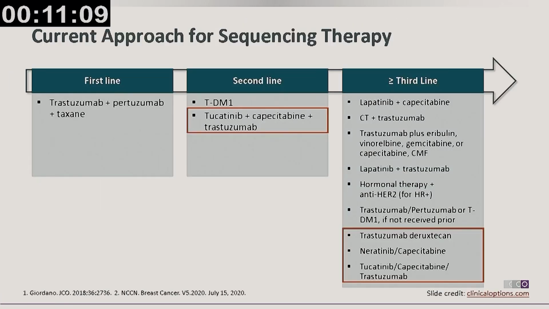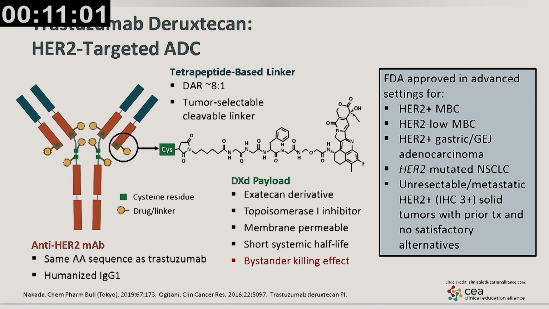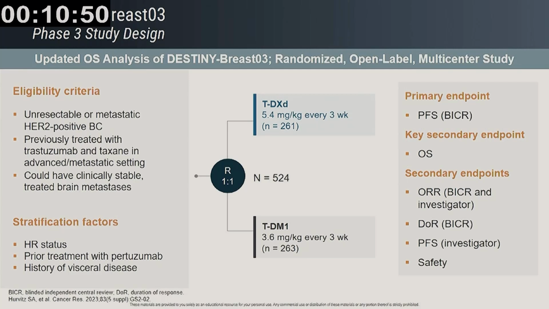So because of this, this soon came into the guidelines, and as you can see here, this was for the later lines of therapy. We soon had this drug called trastuzumab deruxtecan, which is a much more potent drug, and that again is because of the payload that is different. And the study that showed that this was effective was the Destiny 3, which looked at the TDXD, that is trastuzumab deruxtecan, versus TDM1, which is the earlier molecule that I spoke about.